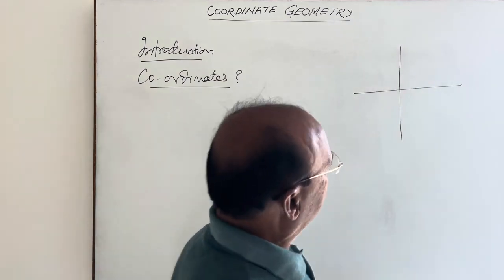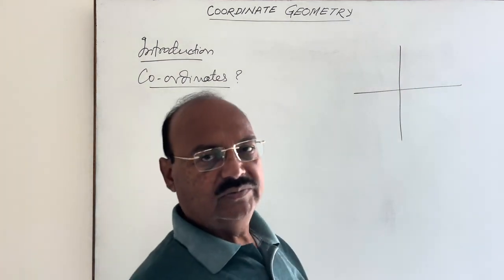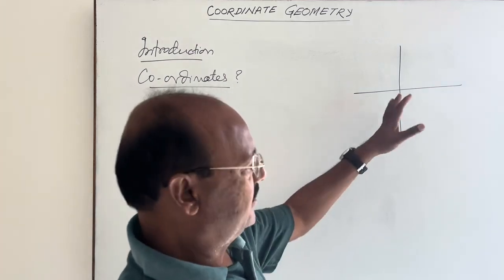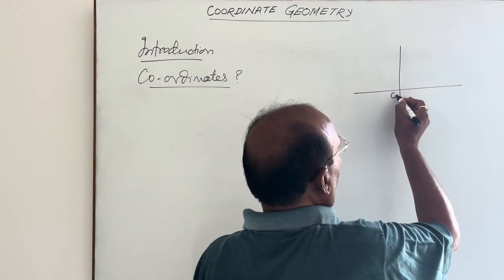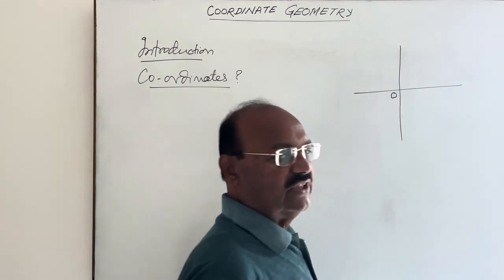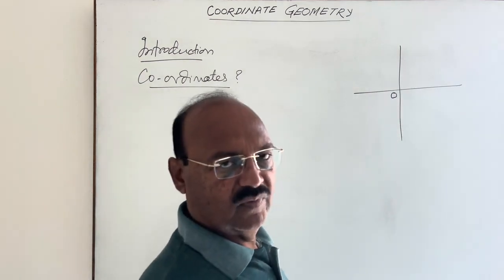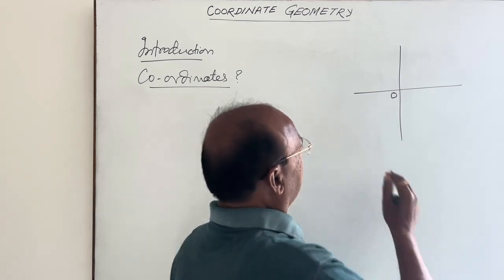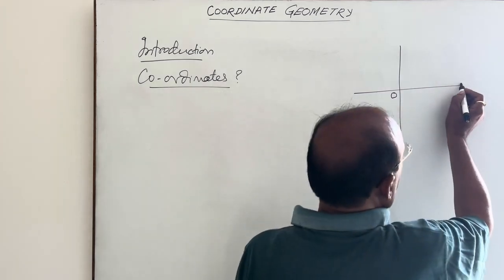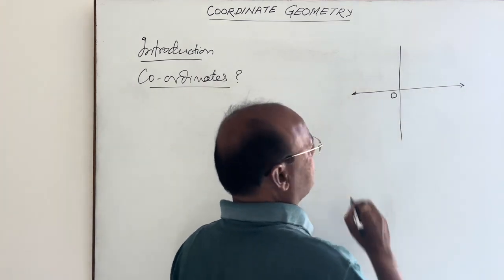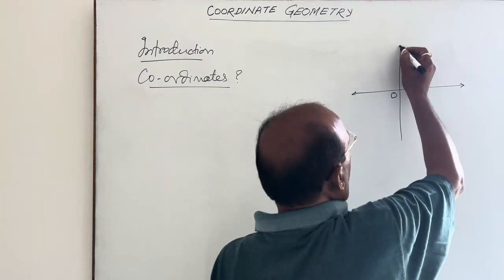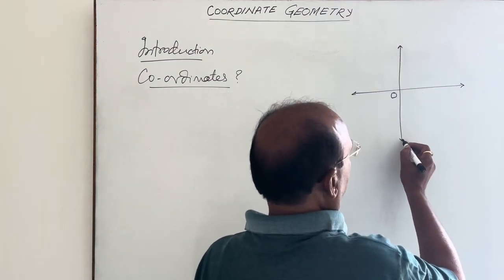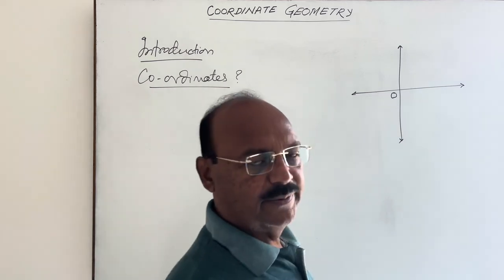So clearly these two lines are perpendicular to each other, intersecting at right angle. So you write O here. This is known as origin. And you know, lines can be extended up to infinity in both the sides. Similarly, here the vertical line can also be extended up to infinity on both the sides.